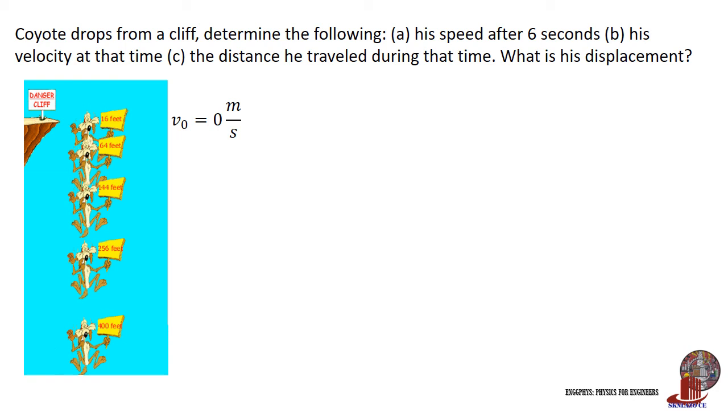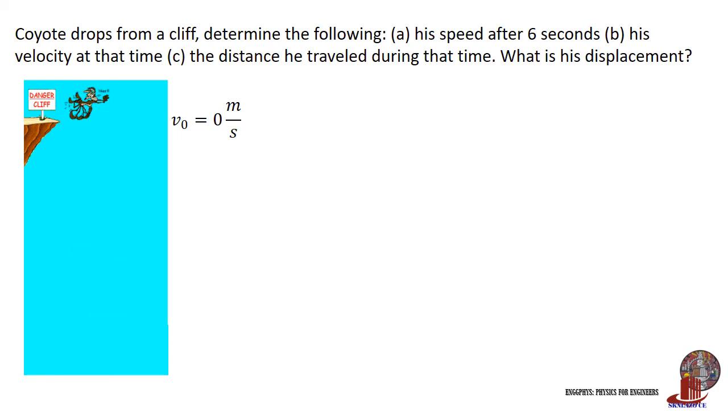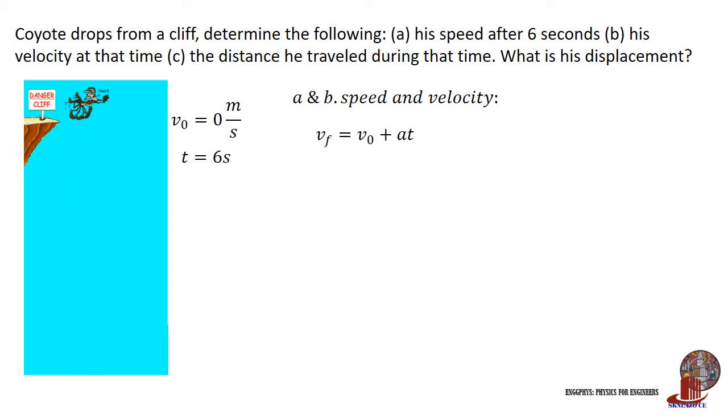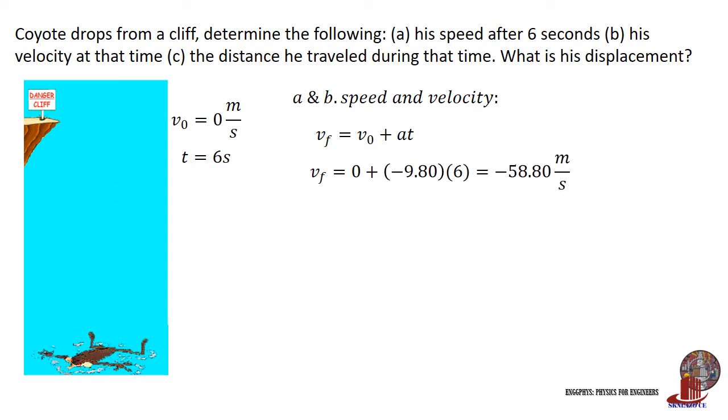Since Coyote dropped, our initial velocity will be taken as 0, with that given t as 6 seconds. Speed and velocity can be solved using the equation final velocity is equal to v naught plus a times t. Plug in initial velocity as 0.